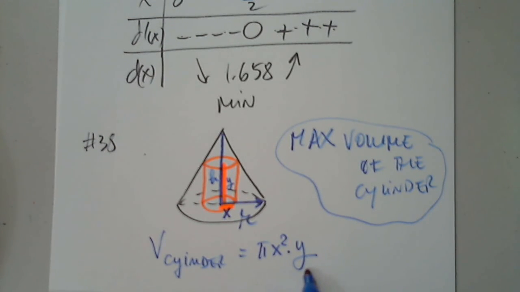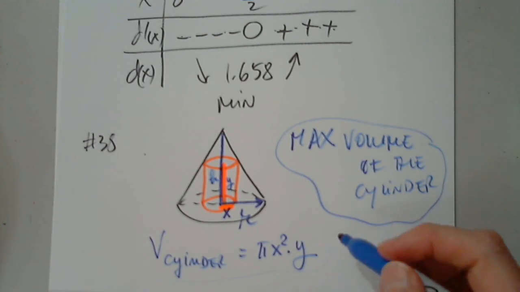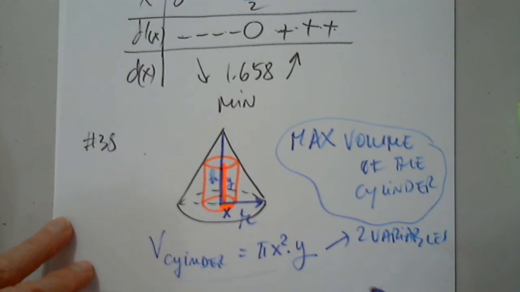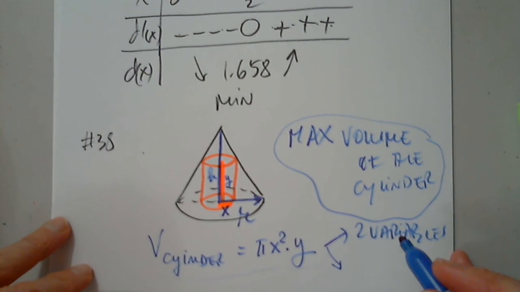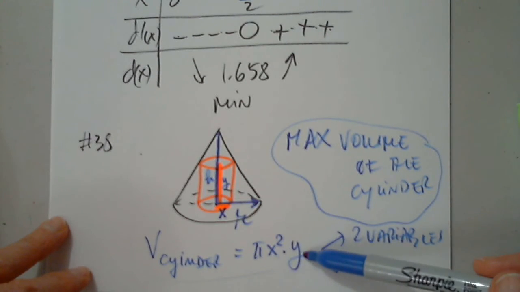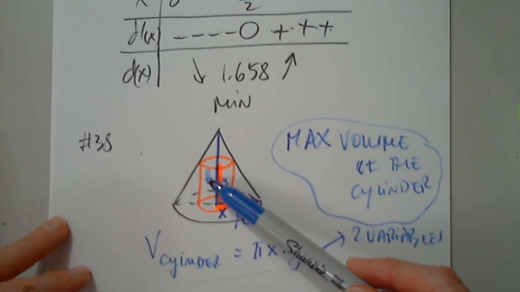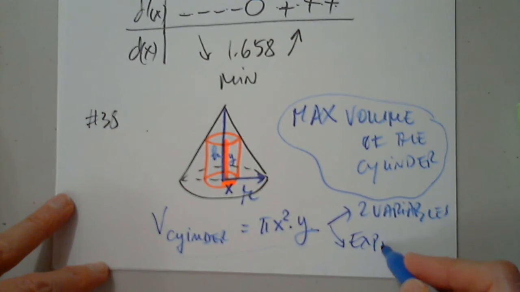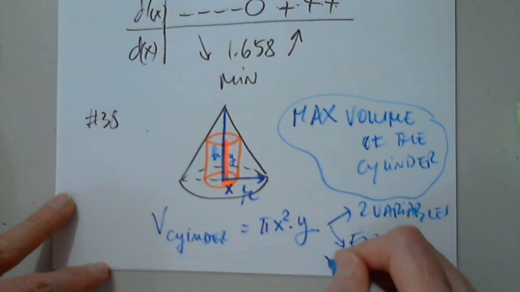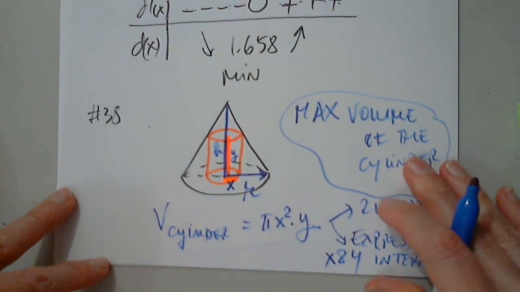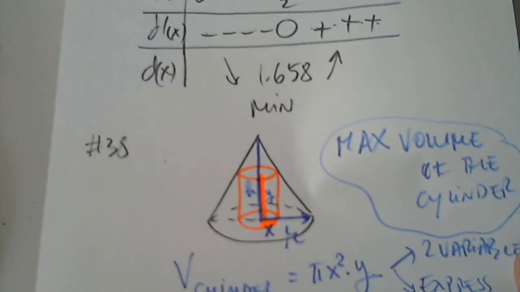But I can't differentiate this function, first of all, because it has two variables. And the second thing is, I have to express x and y in terms of h and r.